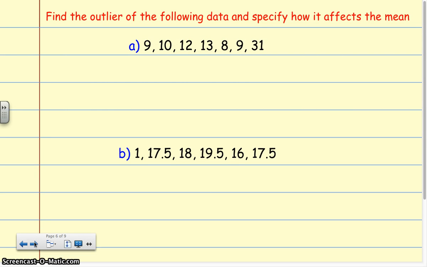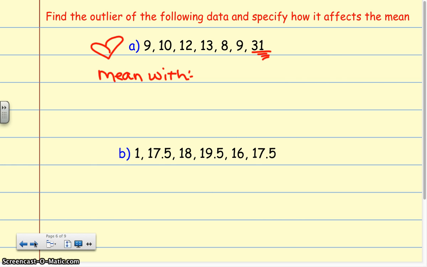For an example here, I want to find the outlier in this data set A, and I want to determine how it affects the mean. Well, it looks like 31 is my outlier because it's way bigger than all the other numbers. So I'm going to find my mean with the outlier.